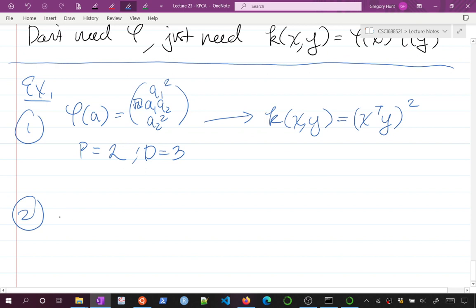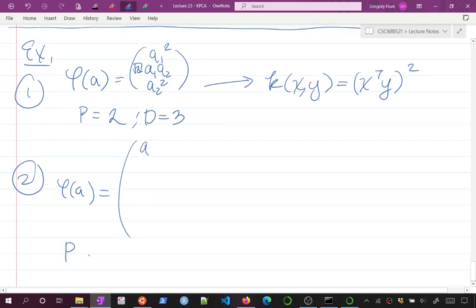We could play this for other things. What if I look at all monomials of degree 2? So what if p is larger, some arbitrary p, and I look at a1 squared, a1 times a2, a1 times a3, a2 squared, a2 times a3, a3 squared, right?